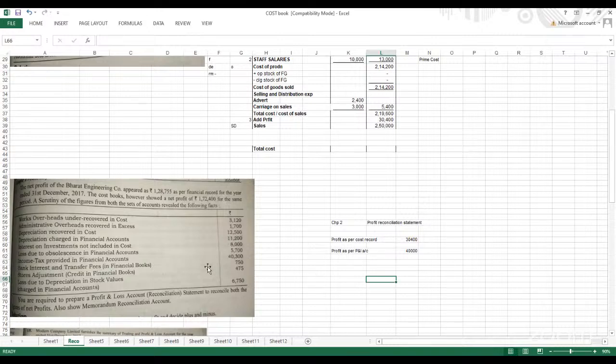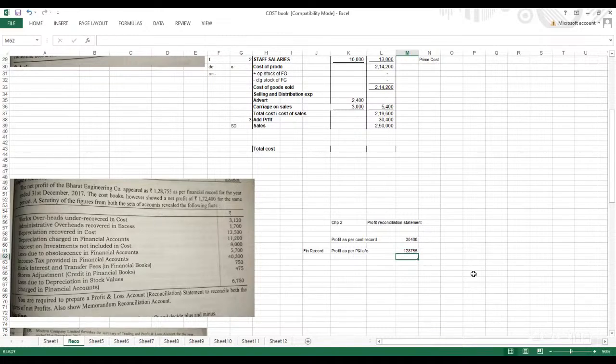So I'll read this sum, the second sum as I told you. In this, the profit as per financial records is given to you. Financial record means P&L. How much is it? 1,28,755.